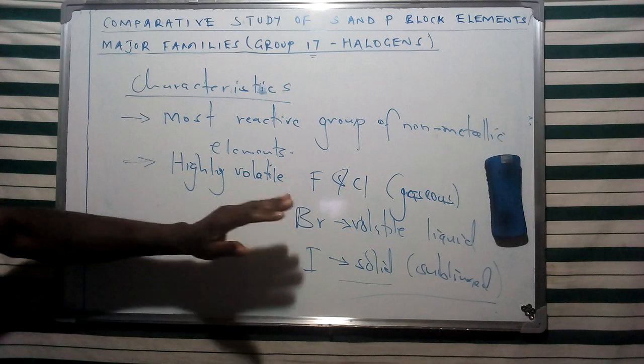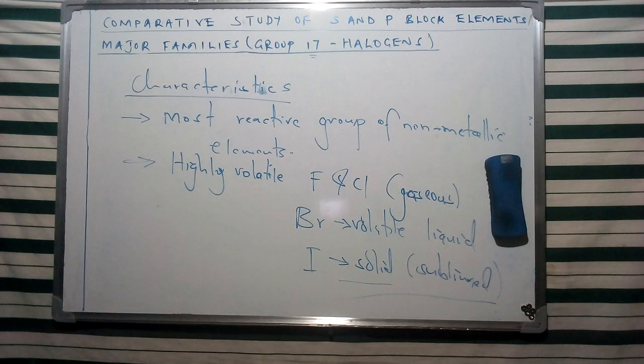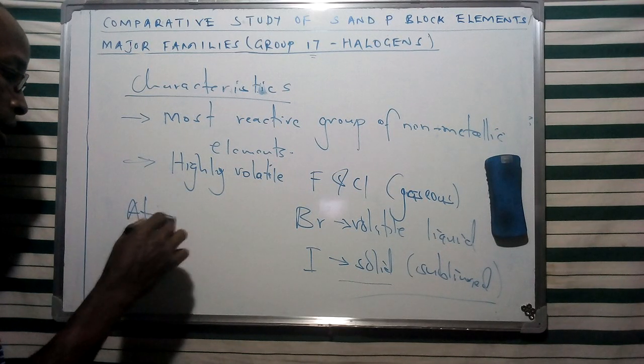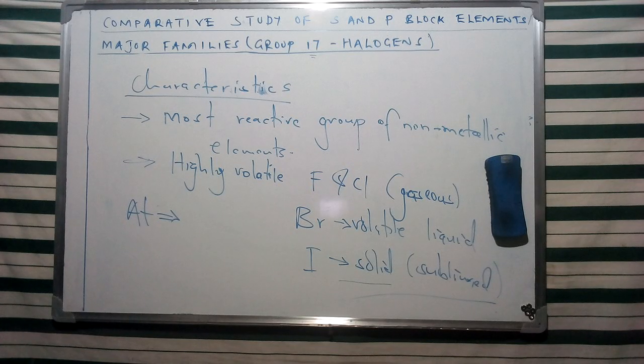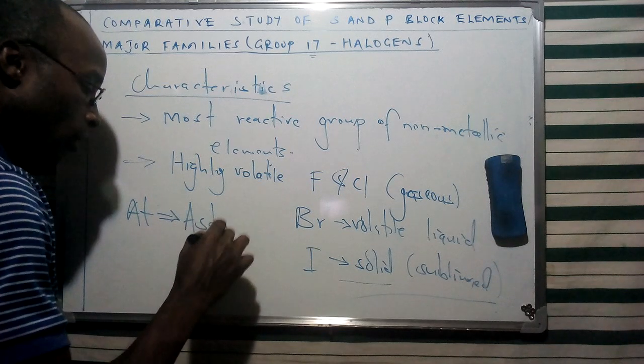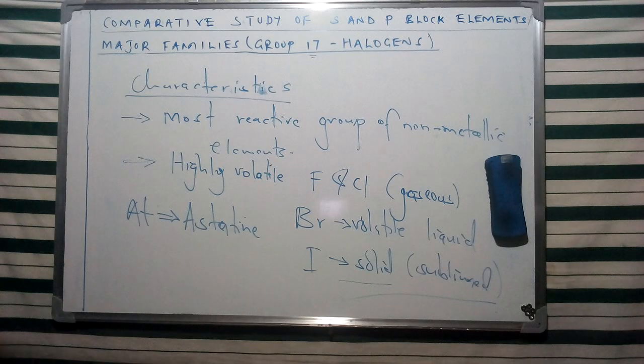Now in this case, I mentioned the members fluorine, chlorine, bromine, and iodine, but we're going to see that there are some additional members in the periodic table, which include the element referred to as astatine, and this forms a member directly below iodine.